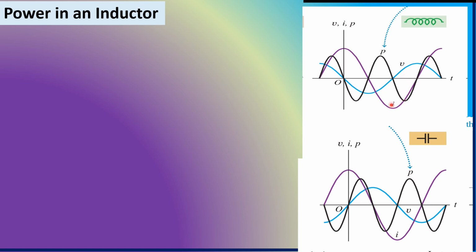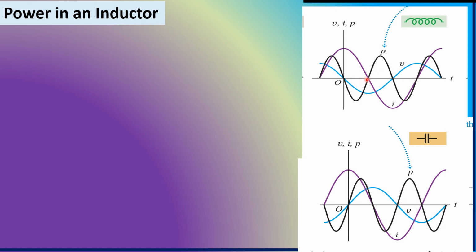So when we multiply the curves of the instantaneous voltage by the instantaneous current, the product vi is negative during the half of the cycle when v and i have opposite signs. The power curve shown in this figure is symmetric about the horizontal axis.